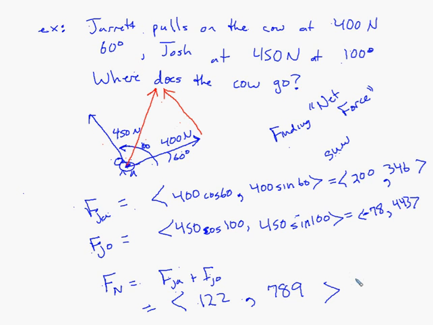But what we really want to know is, what's the direction and what's the magnitude? So I'm going to take this force, and we have it written down. We have our 122, and what was the other component? 789. Well, what we're really asking is, which direction? I want my direction, and I want my magnitude.